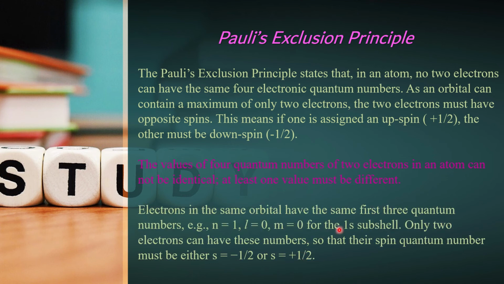Electrons in the same orbital have the same first 3 quantum numbers: n equals 1, l equals 0 and m equals 0 for the 1s subshell. But the 1s subshell can have only 2 electrons, and these 2 electrons have different spin quantum numbers, minus half and plus half.